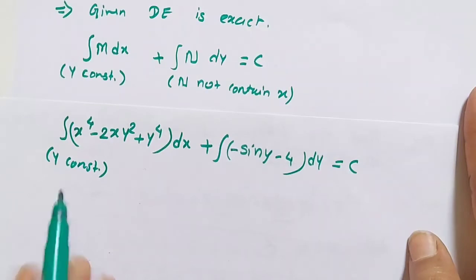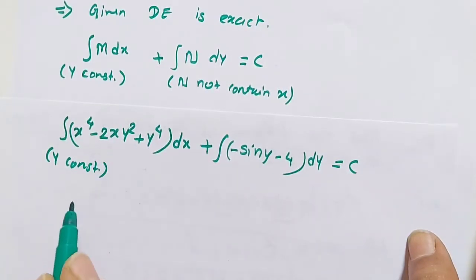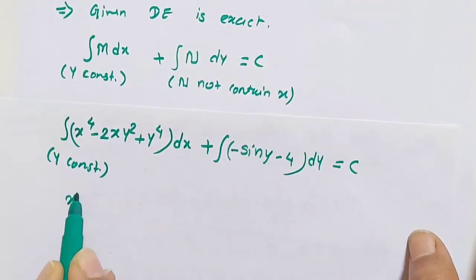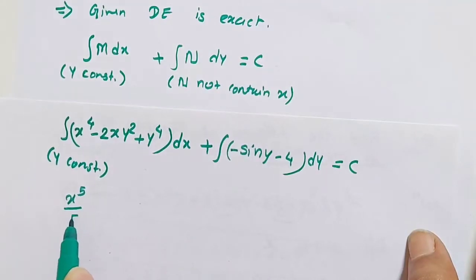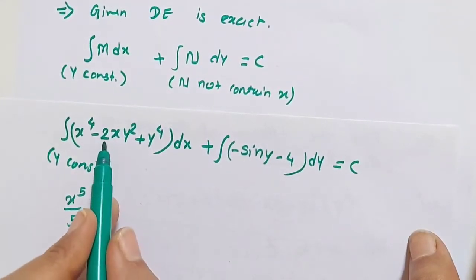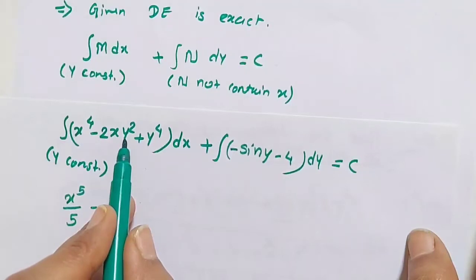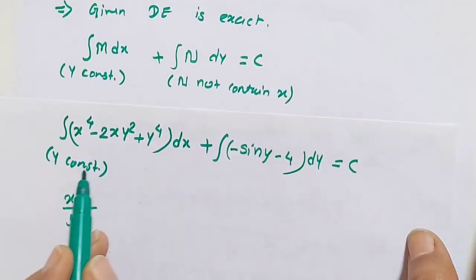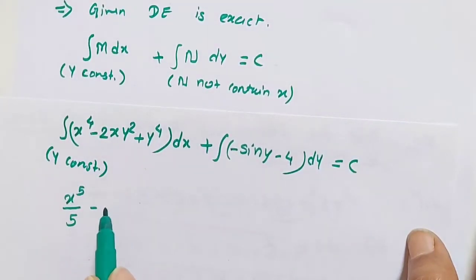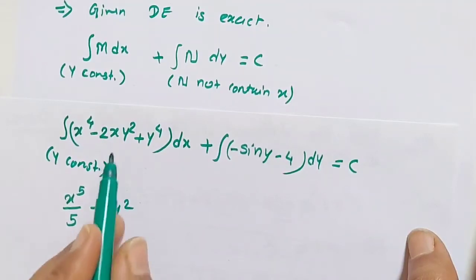Now integrate these terms. Here the integration is partially with respect to x, so the integration of x^4 is x^5 by 5, minus 2y^2, where y^2 is constant because we are integrating with respect to x keeping y constant, so 2y^2 is outside.